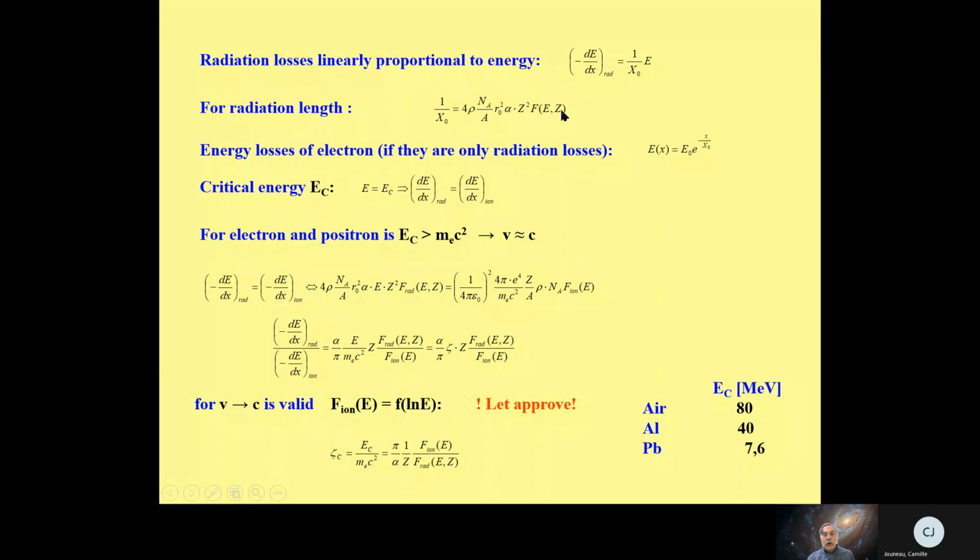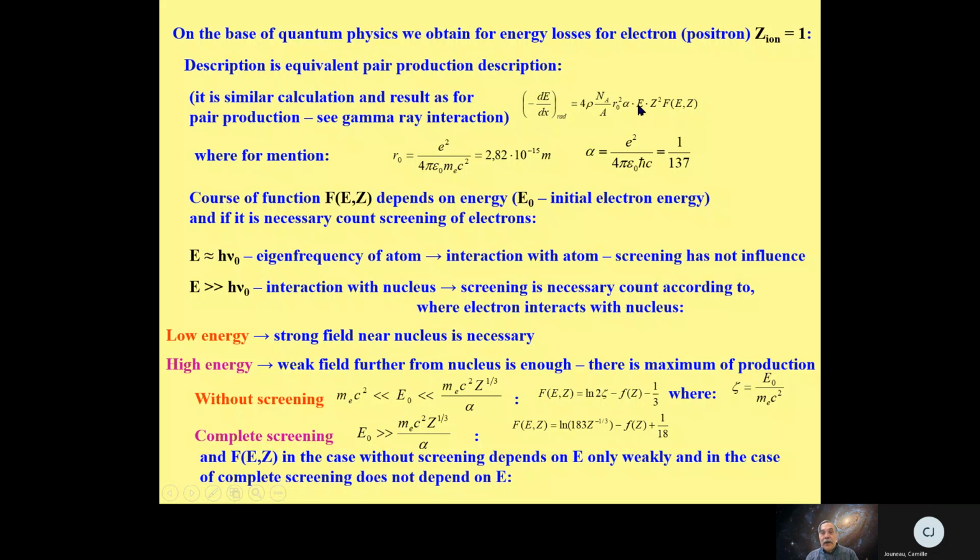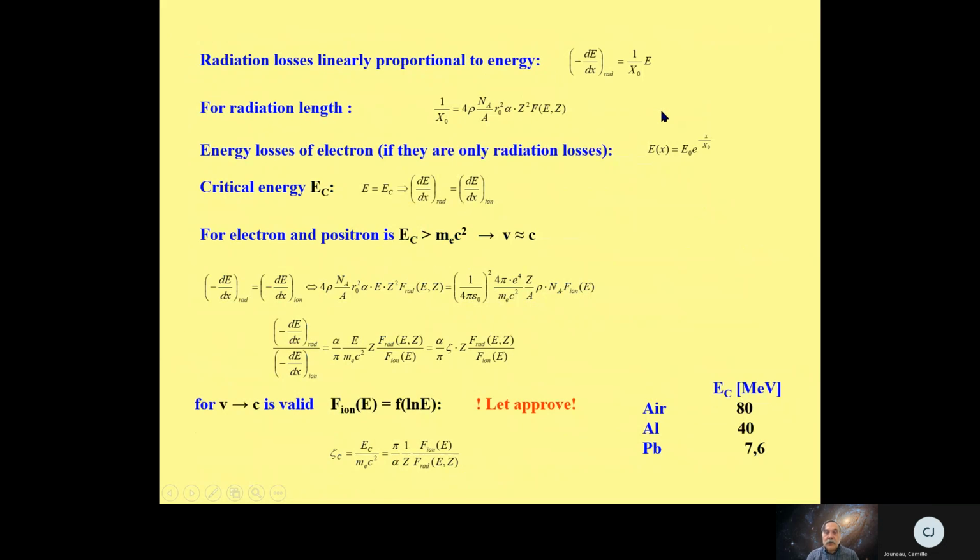Here you use this linear dependency on energy, and this is the constant, which is here named the radiation length. And this is for this reason: if you use this, you will obtain that the dependency of energy losses on the path will be exponential.